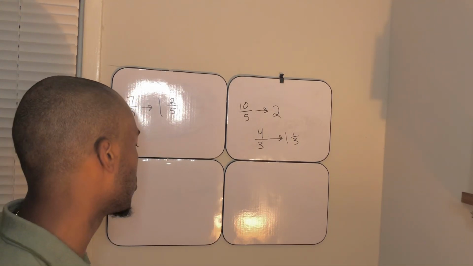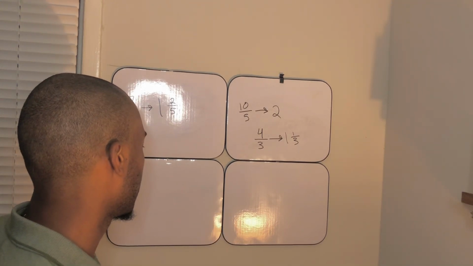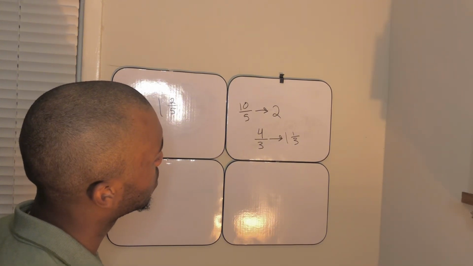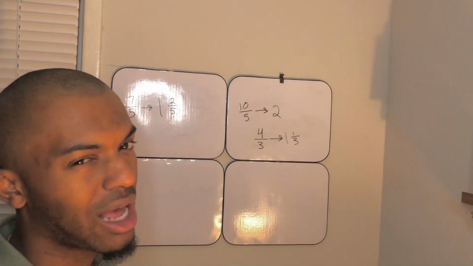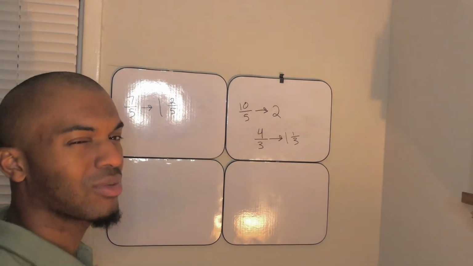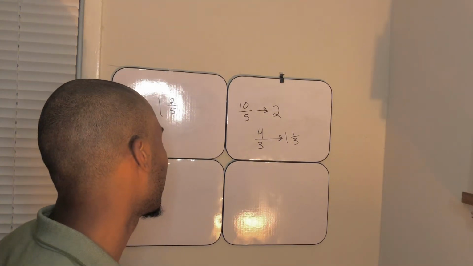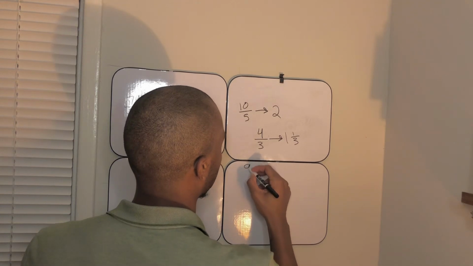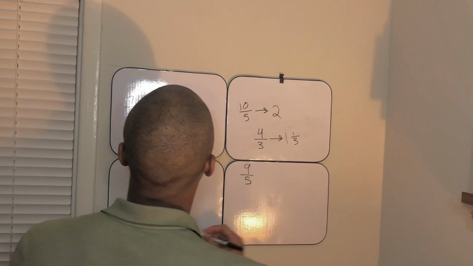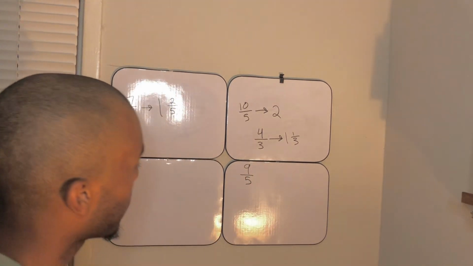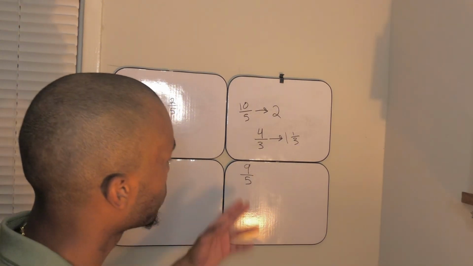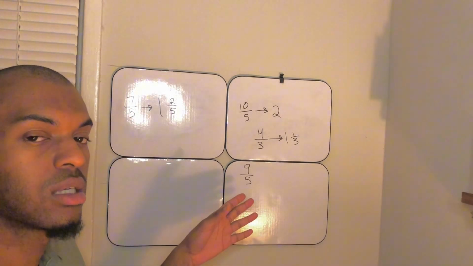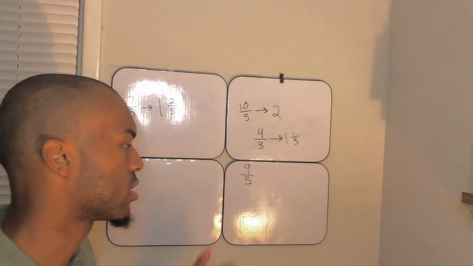Let's do 9 over 4. Nah, we've been dealing with a lot of 4s. Let's do 9 over 5. So we got 9 over 5. How do we change this improper fraction into a mixed number?